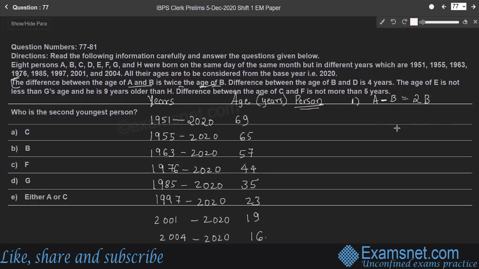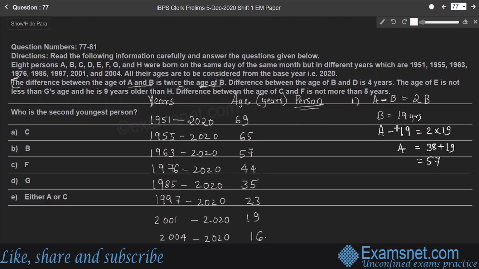The difference between A's age and B's age is twice the age of B. If B is 19 years, then twice the age of B becomes 19 into 2, that is 38 years. So A's age minus 19 is equal to 2 times 19, so A's age becomes 38 plus 19, which is 57 years.